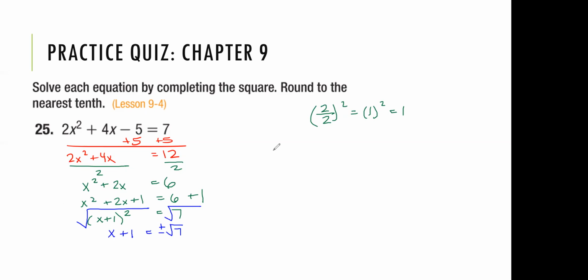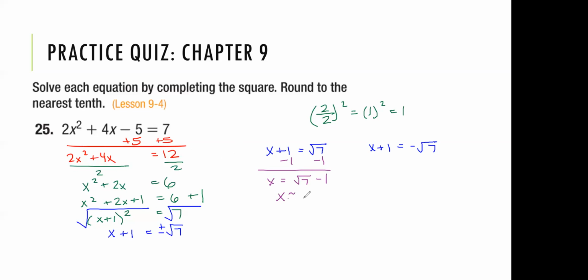So I'll do that over here. x plus 1 is equal to the square root of 7, or x plus 1 is equal to the negative square root of 7. Then I'm going to subtract 1 from both sides. So x is equal to the square root of 7 minus 1.